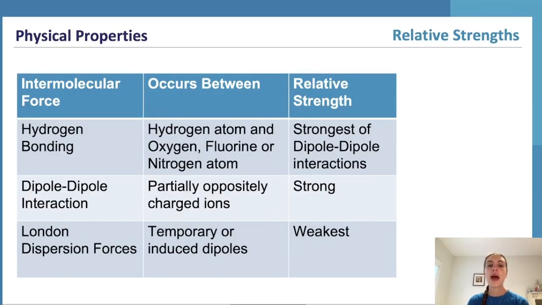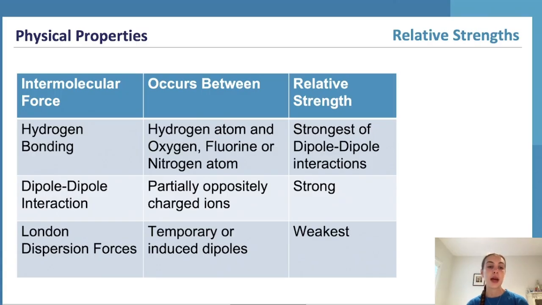When we compare our relative strengths and what they occur between, we've got hydrogen bonding, dipole-dipole interactions, and London dispersion forces. Hydrogen bonding is going to occur between hydrogen atoms and oxygen, fluorine, or nitrogen atoms, and it's going to be the strongest of the dipole-dipole interactions.